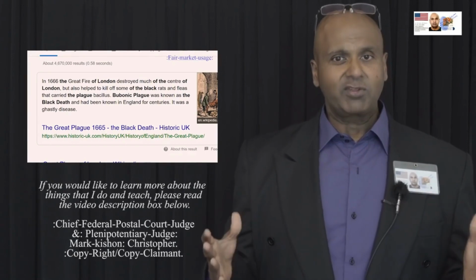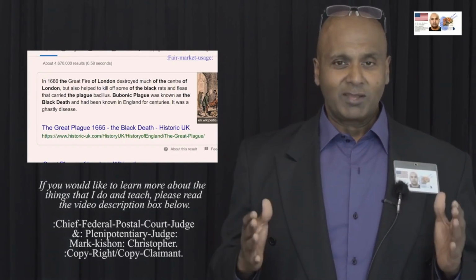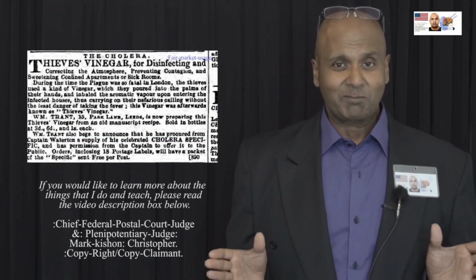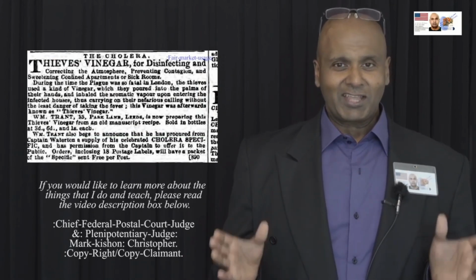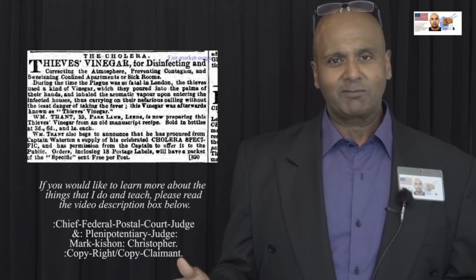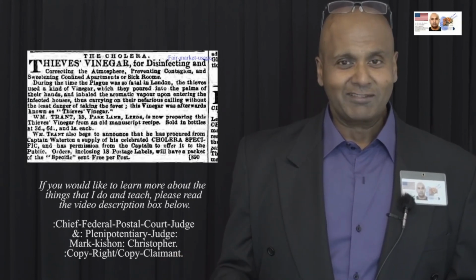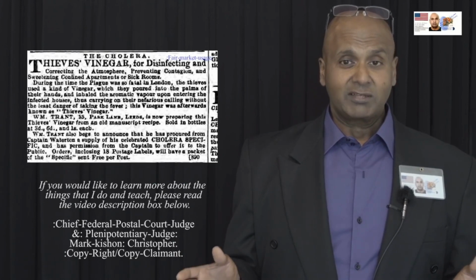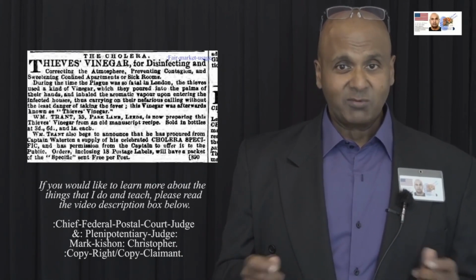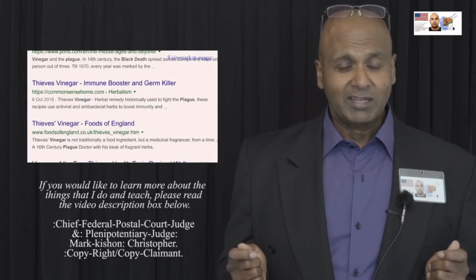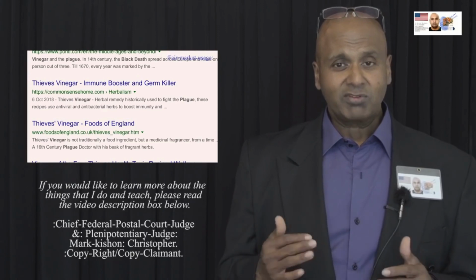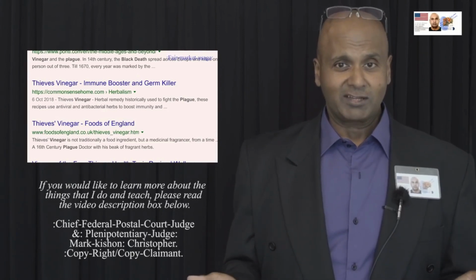Well, do you remember during the bubonic plague times when a particular group of people went out stealing from the plague victims, and then they got caught, and the courts asked them, how did you protect yourself from this deadly disease? They just said, we stuck a bit of handkerchief into a pot of vinegar and we just put it over our mouths. And if we got bubonic plague and we saw the symptoms of it, we would just wipe ourselves down with vinegar.